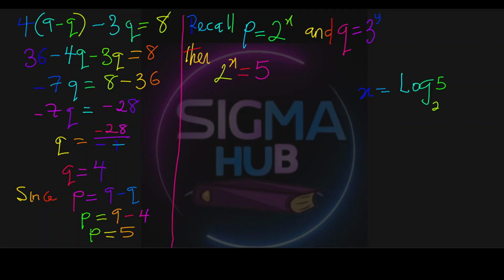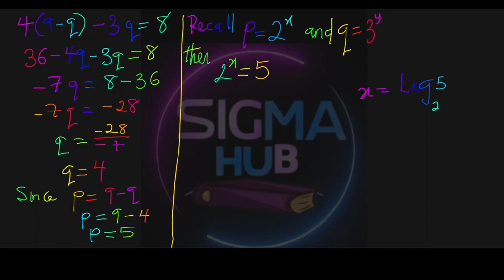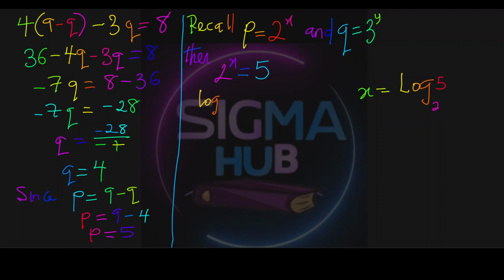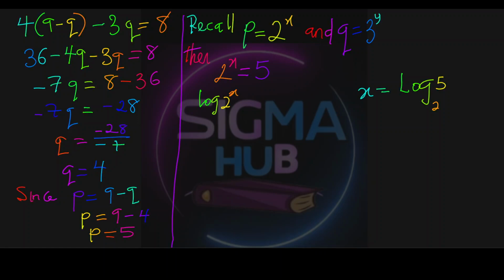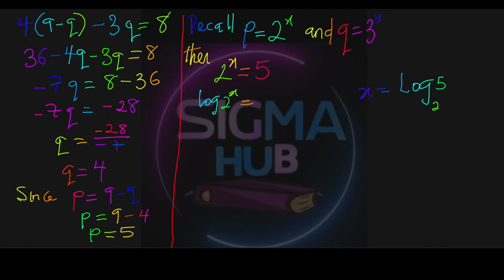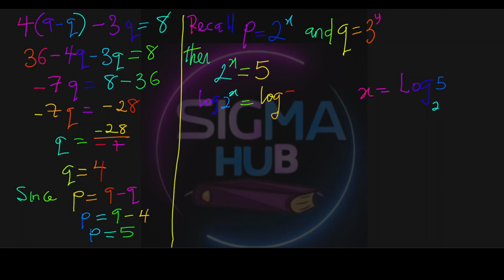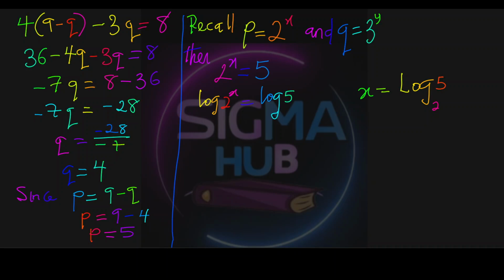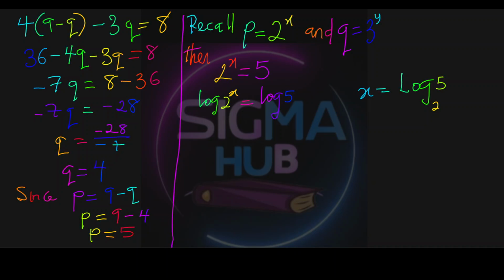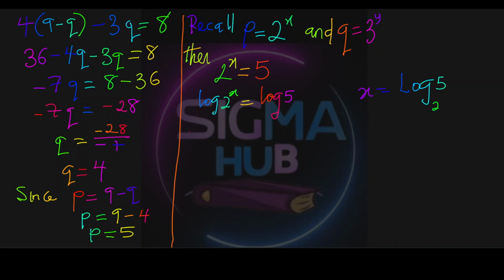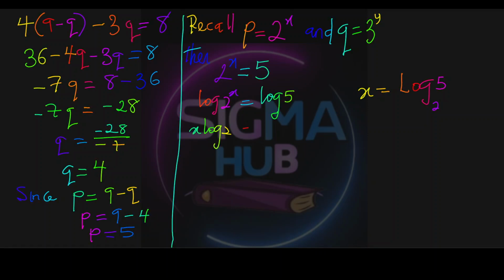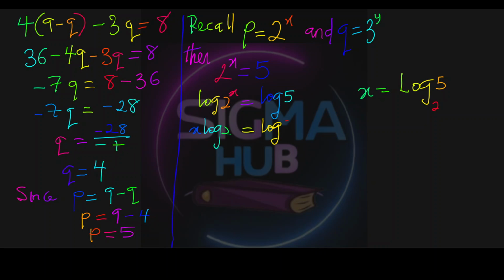But how do we go about this? So we can easily say, raising both of them to log, it becomes log 2 raised to the power of x equal to log 5. Of course, one of the rules for log is that when you have a power of x, it can become x log 2, which is going to be equal to log 5.